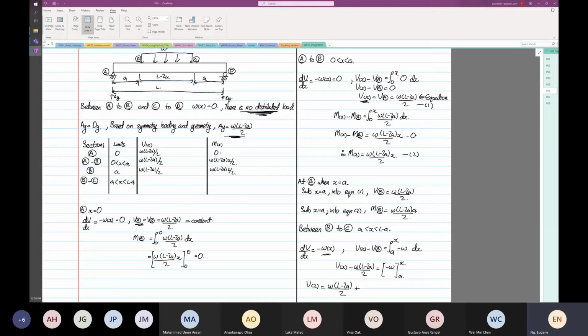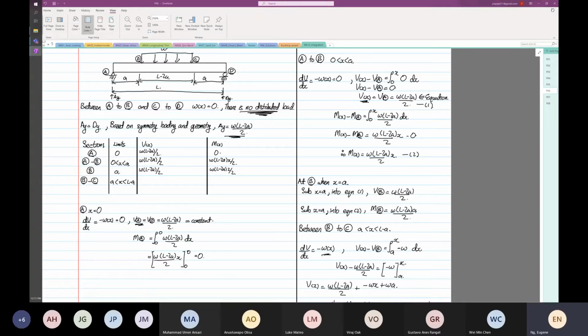So this will be equal to, so I bring over, minus omega X, so minus plus omega A. That's more like it. So omega L over 2 minus omega A minus omega X plus omega A. So this term will be equal to minus omega X plus omega L divided by 2.